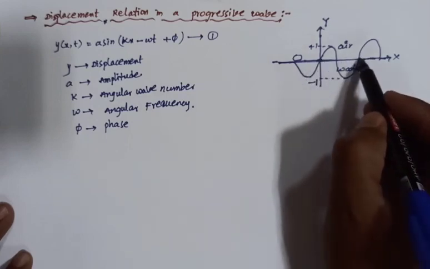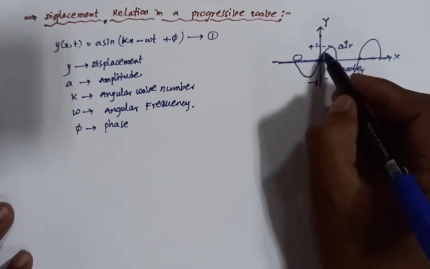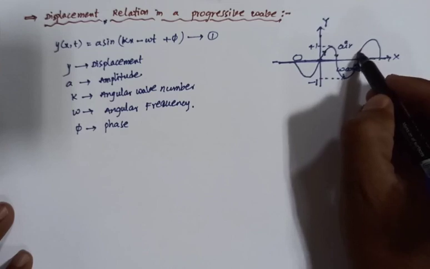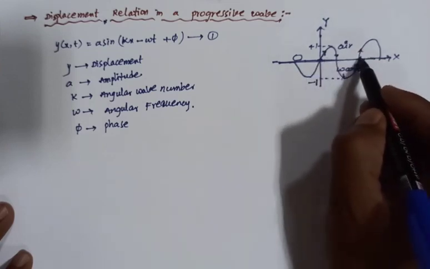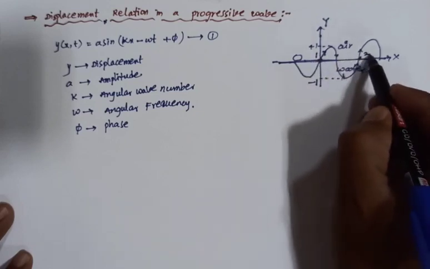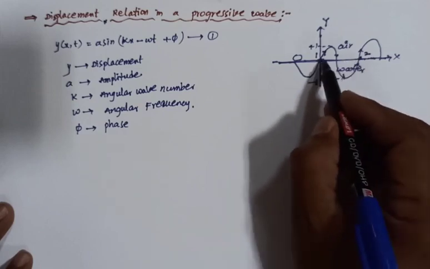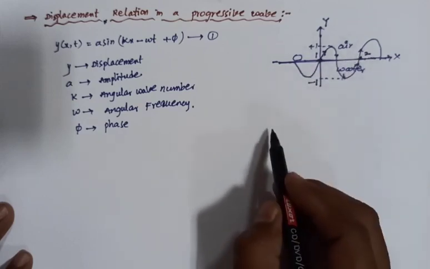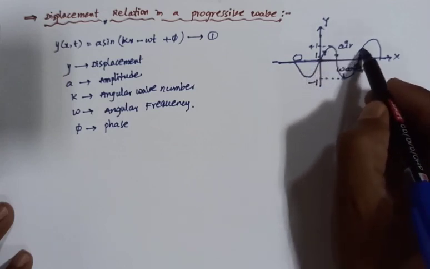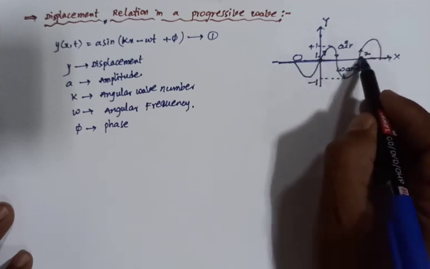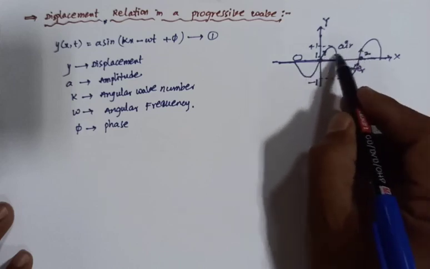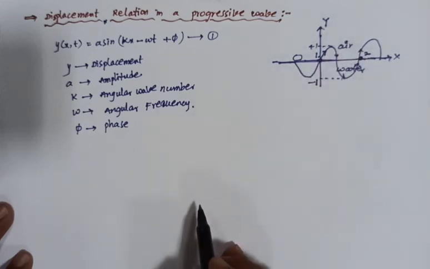This point and this point are in the same phase, because this is the direction of the wave. At point 1 and point 2 the particle is in the same direction at that instant of time, so the two points are in the same phase.